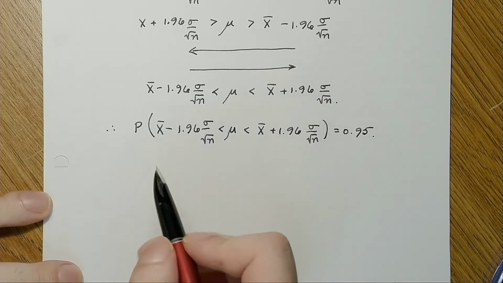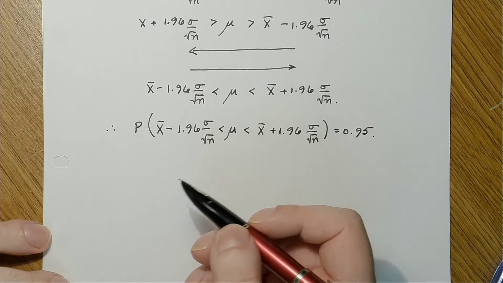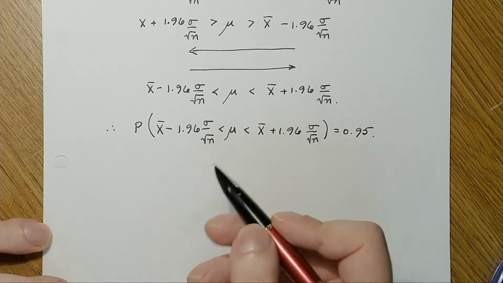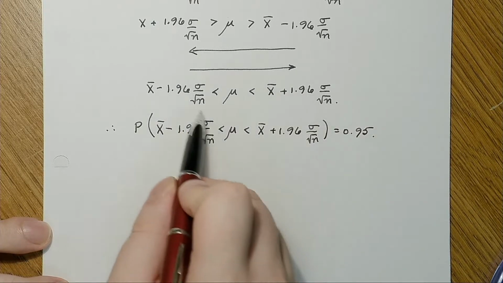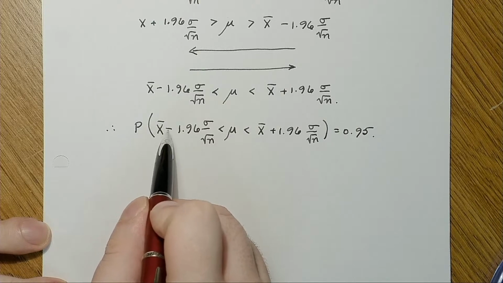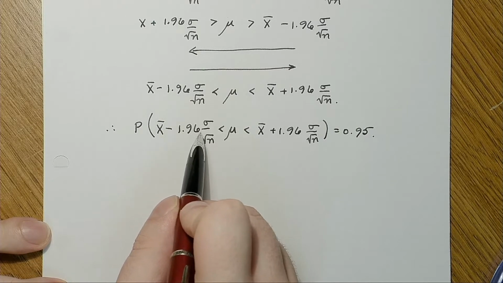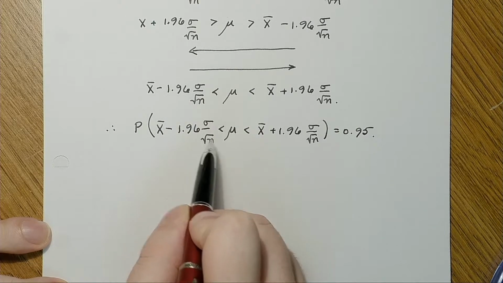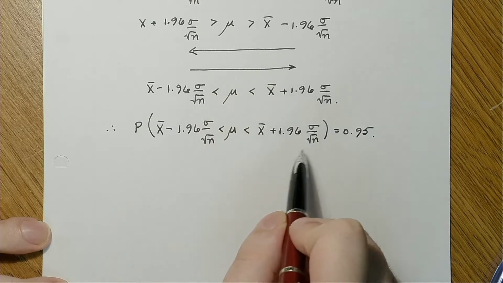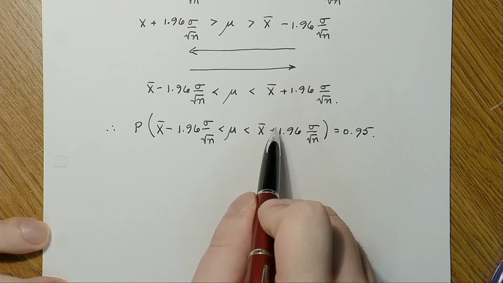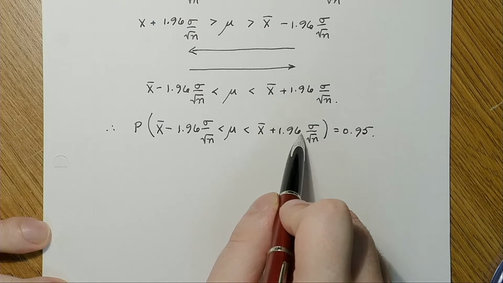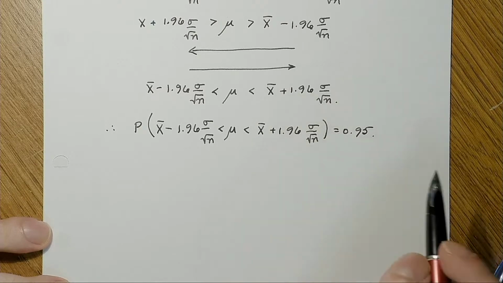So you can now think of this as a random interval, where the left point is x bar minus 1.96 sigma over square root of n, and the right point is x bar plus 1.96 sigma over square root of n.